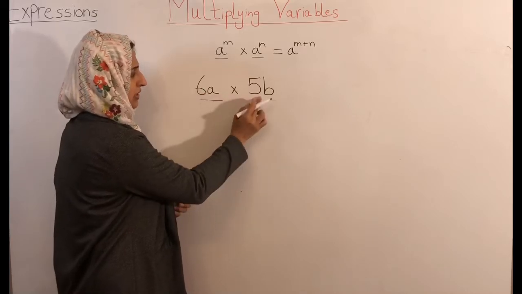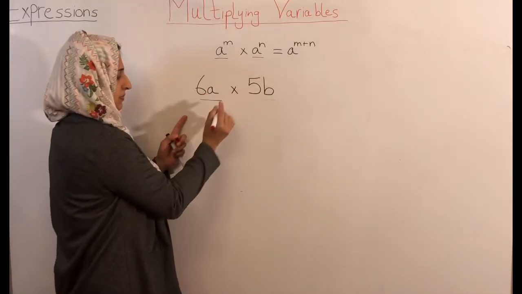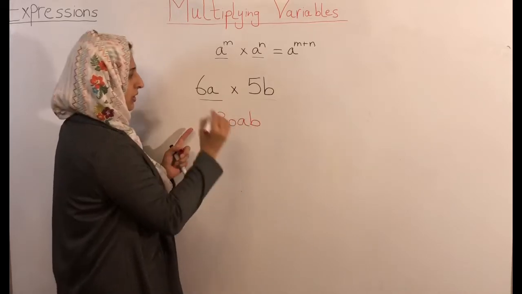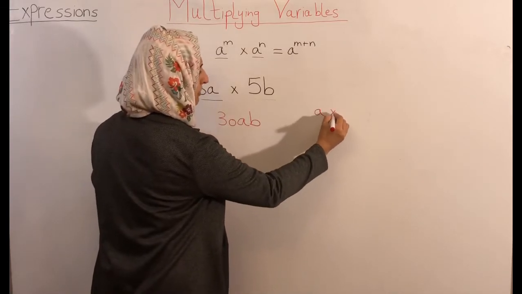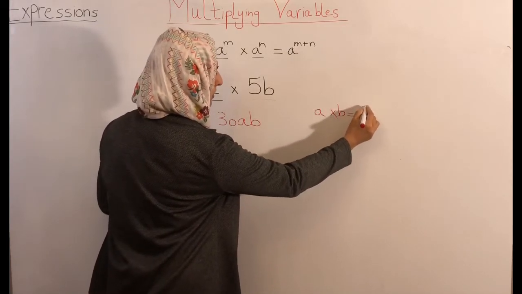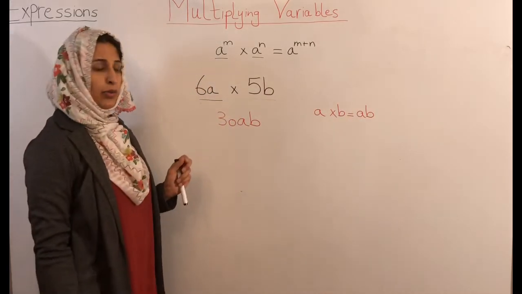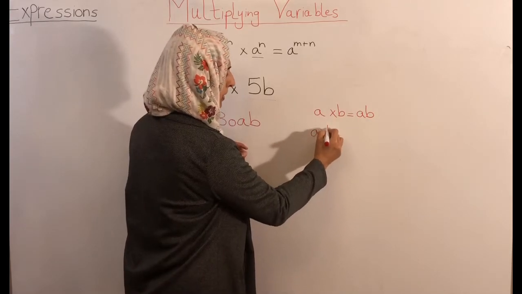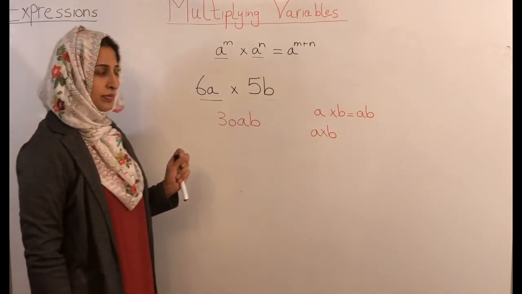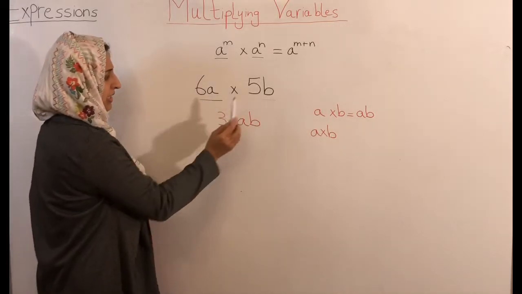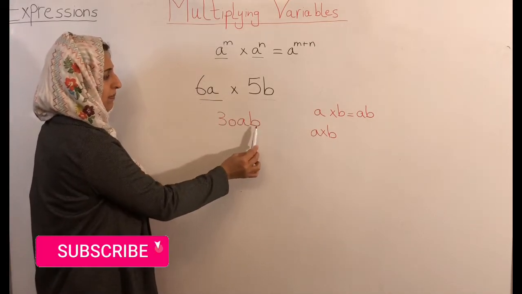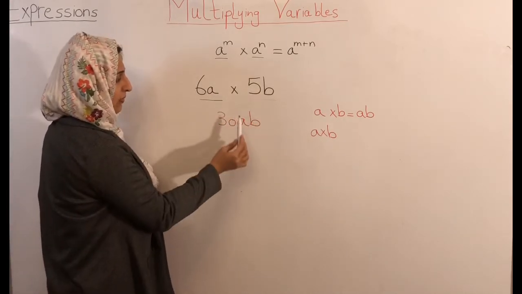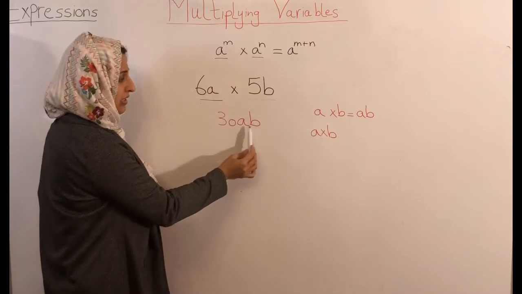Multiply the numbers first. 5 times 6, 30. a into b, because a times b equals ab. In mathematics, when two letters are next to each other, there is always a multiplying sign between them. So the answer will be 5 times 6, 30, a times b, ab. Because the bases are not the same, they are different, we can't add their powers and we write them next to each other.